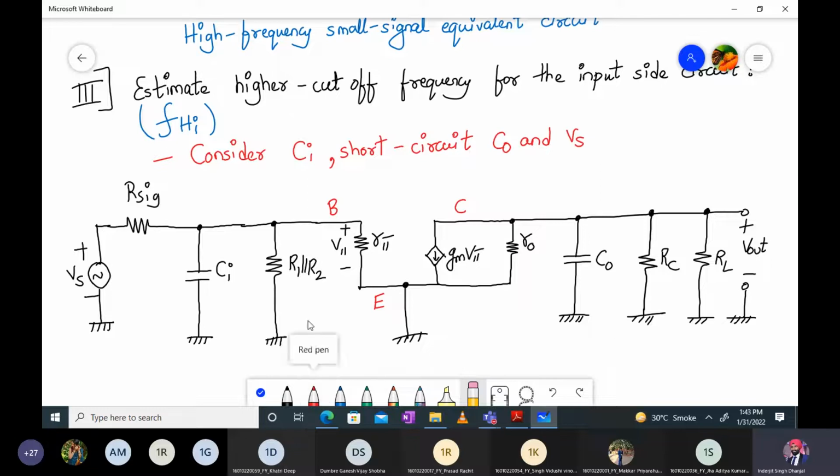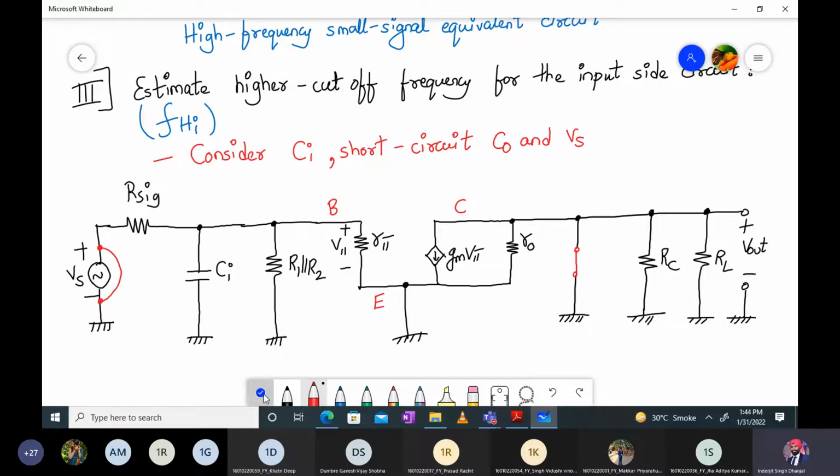Okay, fine. What we have to do over here is short circuit Co, so the Co part will be gone. Short circuit means, I will use a red color, Co is short circuited as well as the Vs source is short circuited.